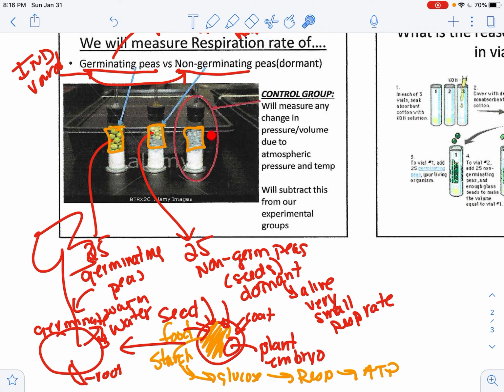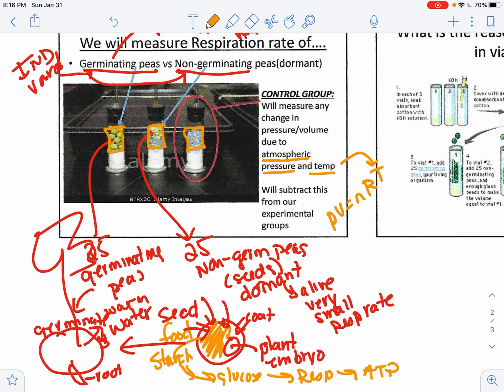Now, this is a control group, okay, a whole group where I don't have any peas. And this is going to help me measure any changes that happen due to atmospheric pressure and temperature, right? Because we just said we know that because of PV equals nRT, if the temperature changes, that can affect the pressure also and make water move in or out of this pipette.